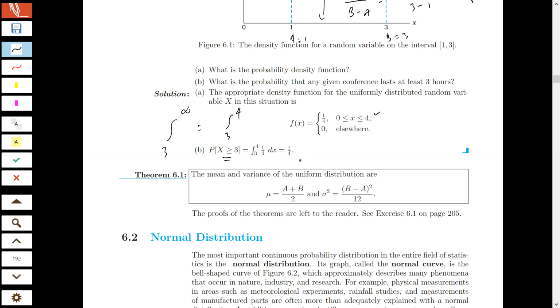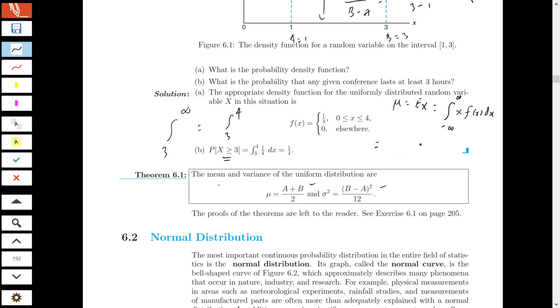And if you want to compute the mean and variance, you can prove these formulas yourself, right? The mean is a plus b over 2. Proving this is very easy. I just give you a sketch and you can do the rest. So mu will be the expected value of x, and the expected value of x for a continuous random variable is the integral from minus infinity to plus infinity of x times f of x dx, right?